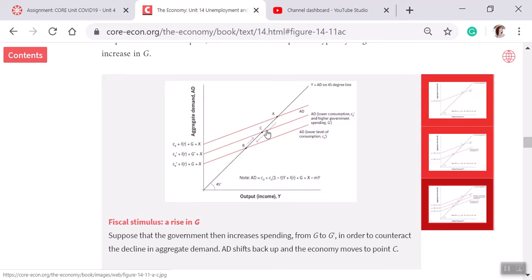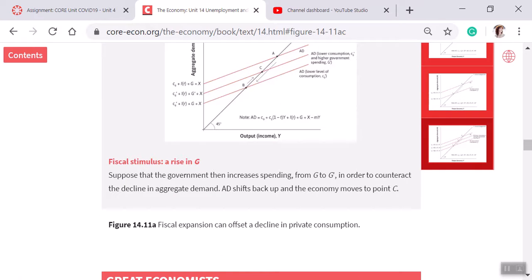So we have a rise in income and a rise in demand cushioned by that government spending, going from G, pink, to G1. The increase in government spending is counteracting that decline in aggregate demand. Cool. So now we're at point C, a little bit better. We're still not out of the weeds, but we're a little bit better.